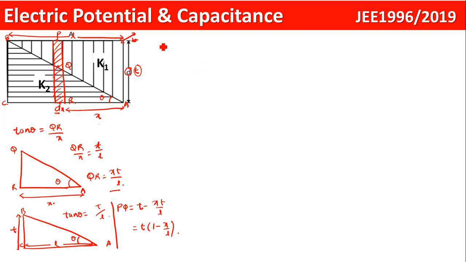Let us say the PQ segment forms a capacitance C1. Then the capacitance will be K A epsilon naught by D, where K is K1 here, the area is nothing but B dx, and the thickness is PQ, which is T times 1 minus x by L. That is your capacitance.